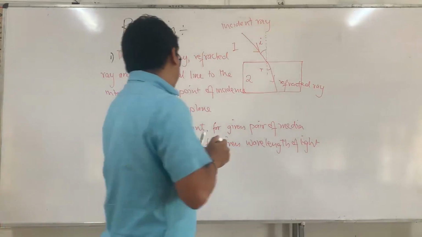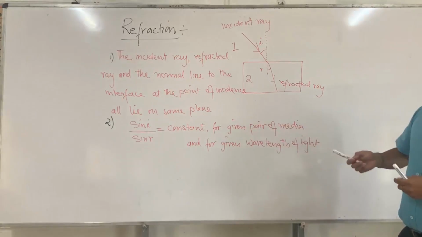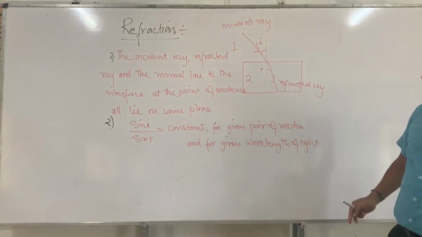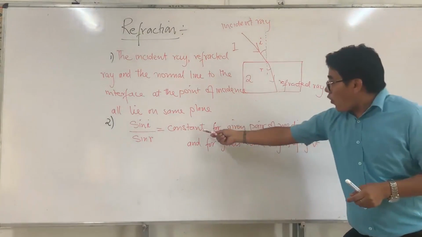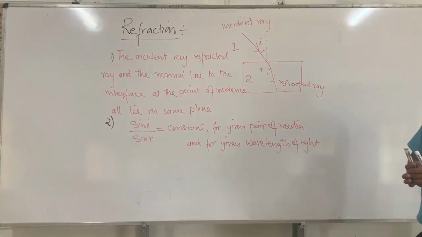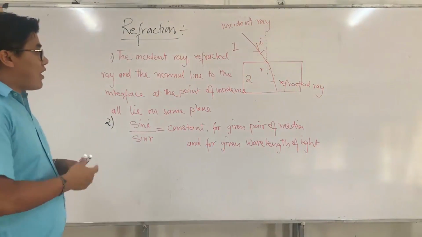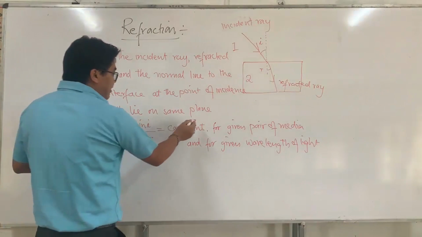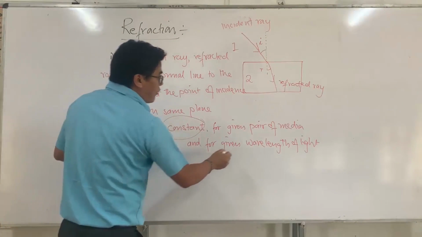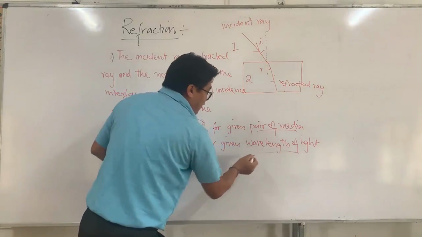This tells us that this constant varies from pair of media to pair of media. That means if I change the two mediums, the constant will change. And this constant also depends on the wavelength of light. If I use a red light, it is going to change. If I use a yellow light, it is going to change. So the constant depends on medium and wavelength of light.